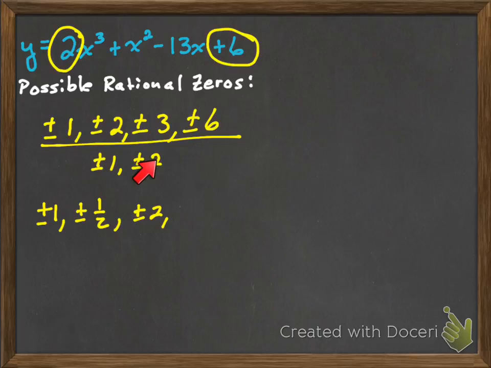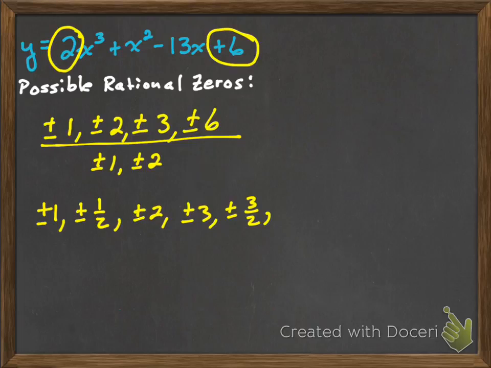Well, 2 over 2 is 1, but we already have that in our list, so we do not need to repeat that value. Right, so now we go on to the next one. We're going to have 3 over 1, which is 3. And then we have 3 over 2, so it's ±3 over 2.